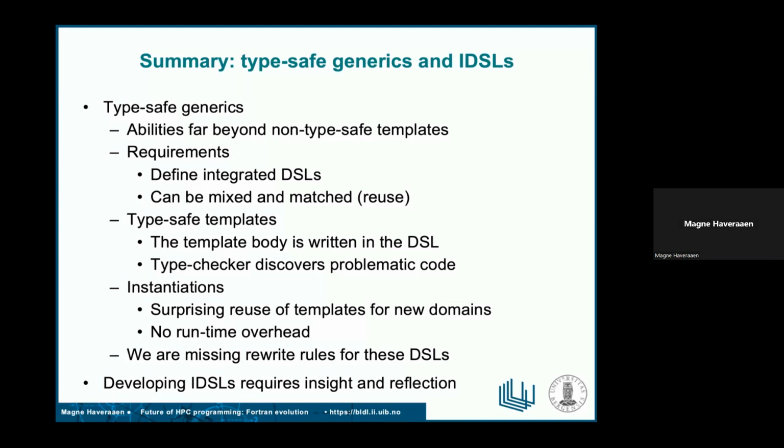You need the freedom you get in C++ to match your problem to the way you want to code, but then you don't have the type safety. So here, Fortran delivers or will deliver type safety in a template system, which is very flexible.